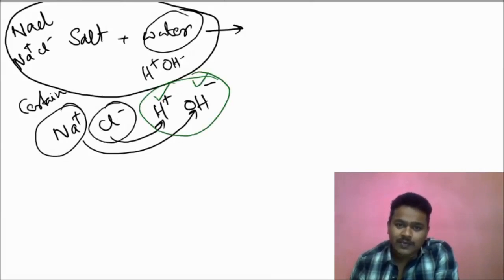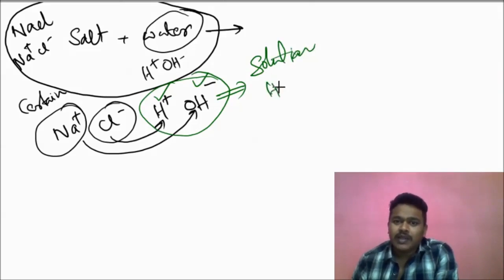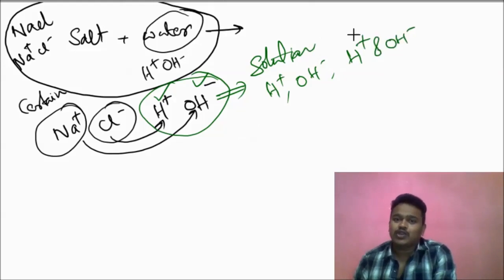That means H plus and OH minus can result. Once the solution is formed, in the solution there may be H plus ions or there may be OH minus ions. Otherwise both H plus and OH minus can be there in the resultant solution.